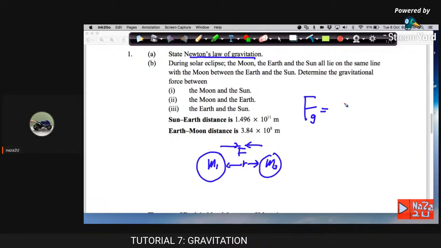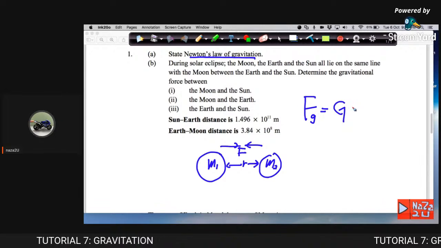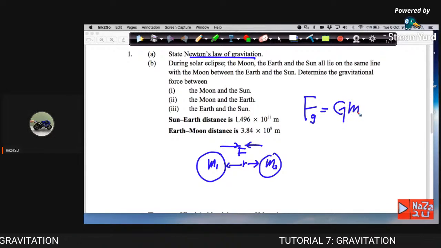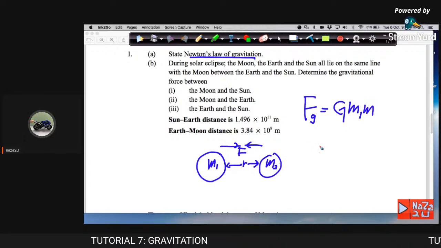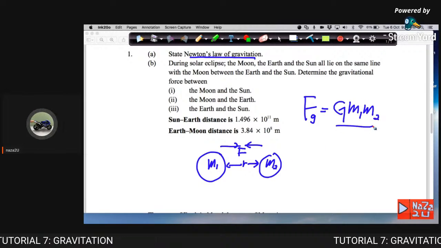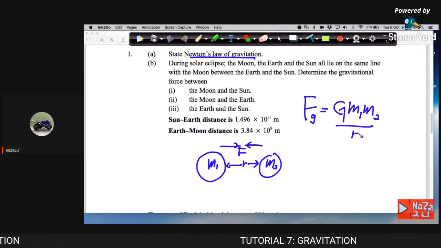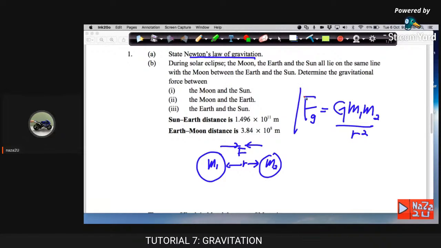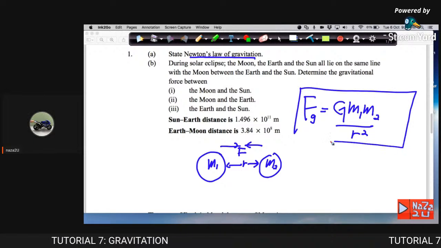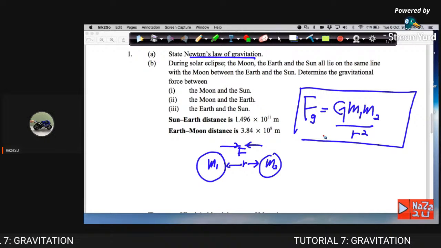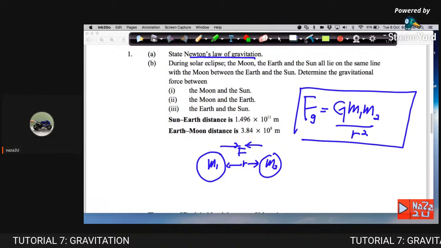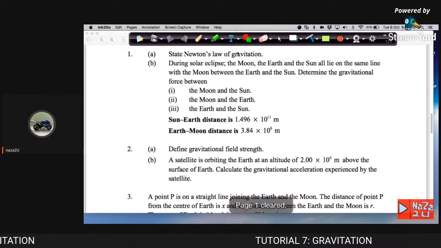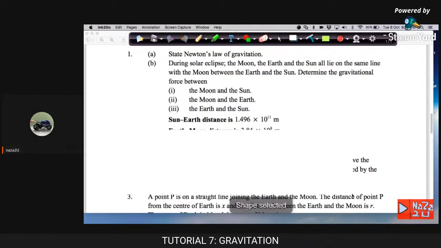Okay, F is equal to universal constant G times mass of object 1 times mass of object 2 divided by distance r square. So this is how you can describe the Newton's law of gravitation. Okay, so this is question number 1A, and continue to the question number 1B.